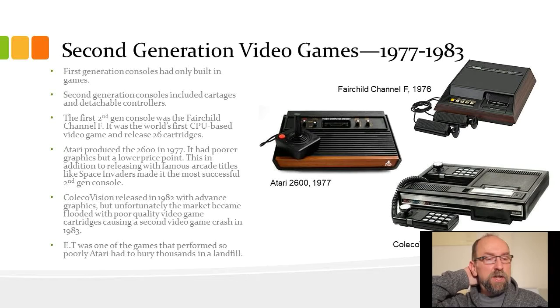By 1982, there was just another glut of bad games. And so it became very easy to create, design, and manufacture a cartridge. And so a bunch of clones were out there from different arcade games, and they were all really, really bad. And so gamers just got really bored.